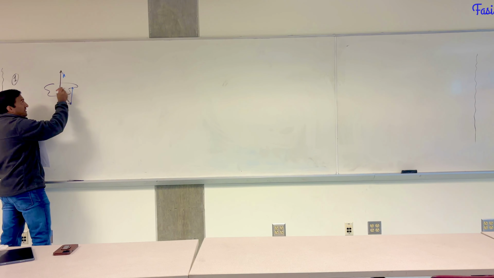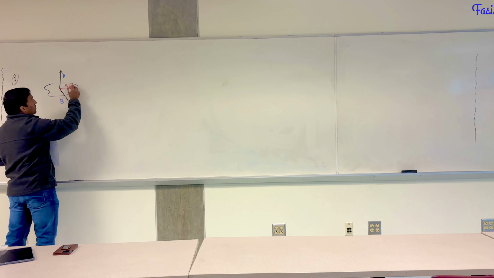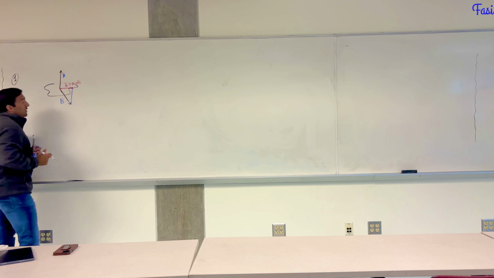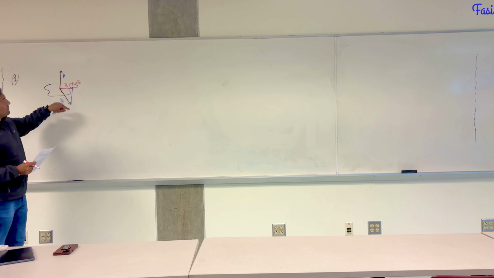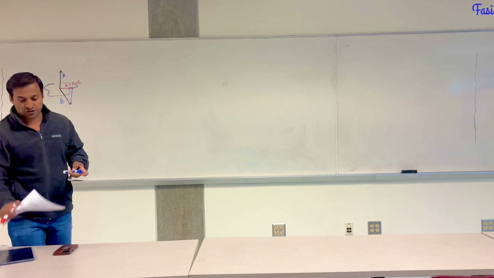So this line should be their resultant. This is equal to vector A plus vector B. Now you see it seems like this is in the plane, but this resultant is not in the plane. So what's going on?